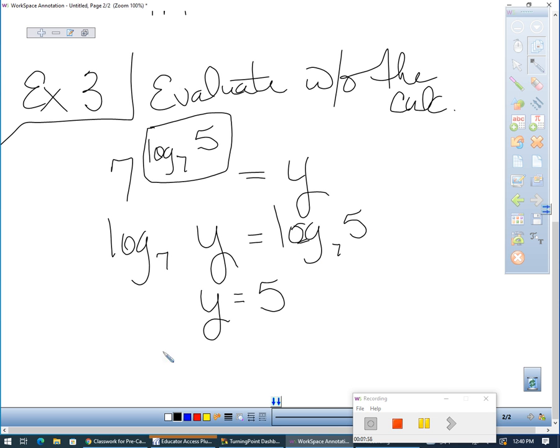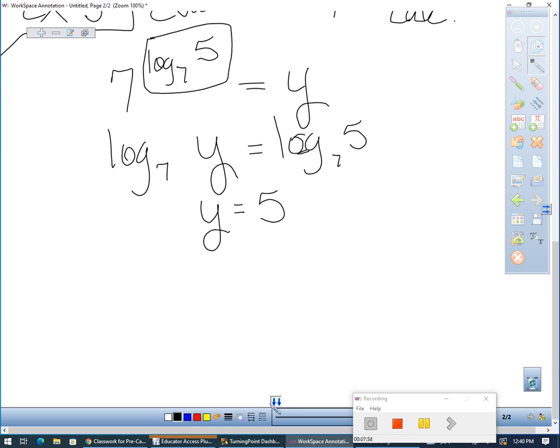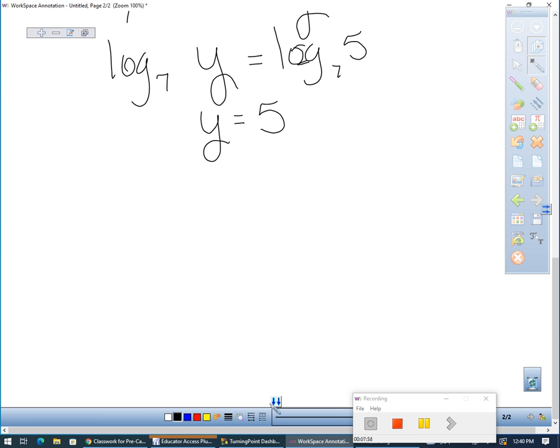All right, let's try another one. Let's say I have 10 to the log, actually, no. Let me make that an exponent. Sorry, my bad. As an exponent, let's say log 14. So this is an exponential form, so we're going to set it equal to y.